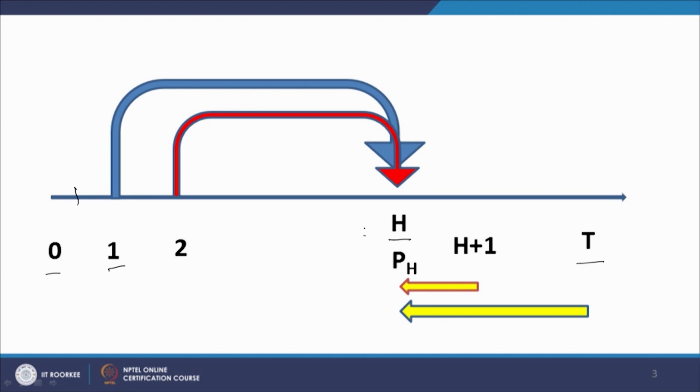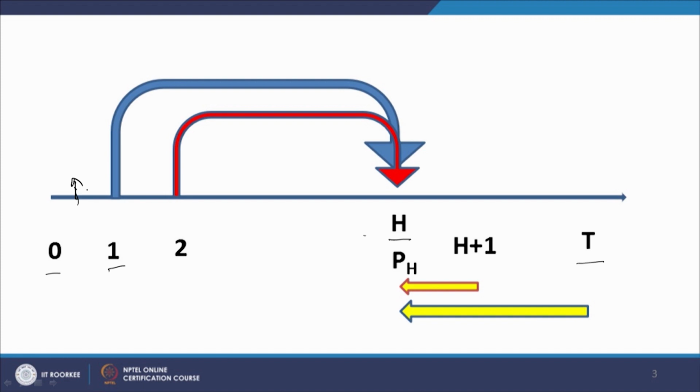Similarly, the coupon that you will receive at t equal to 2, you will invest up to the point H, that is for H minus 2 years. The coupon at t equal to 1, you will invest for H minus 1 years. The issue is, what is the rate at which you will invest? The rate that you will get is the market rate, the new market rate, the changed rate after the rate has made an upward jump at this point, because the coupon is being received after the change in the rate takes effect.